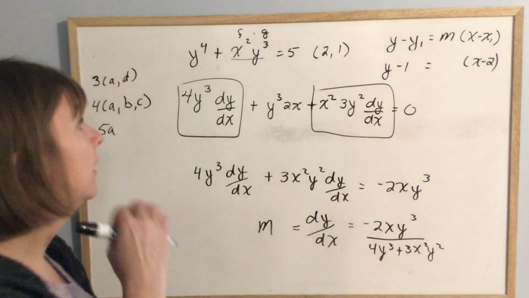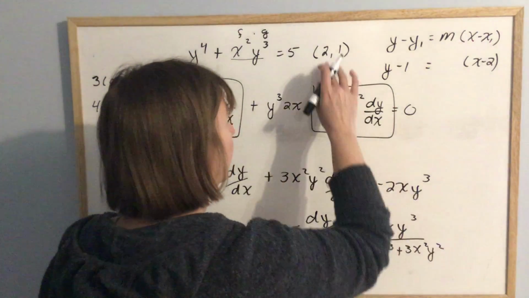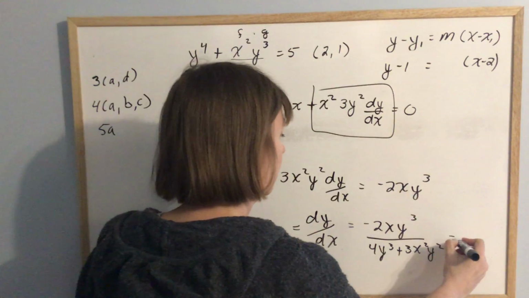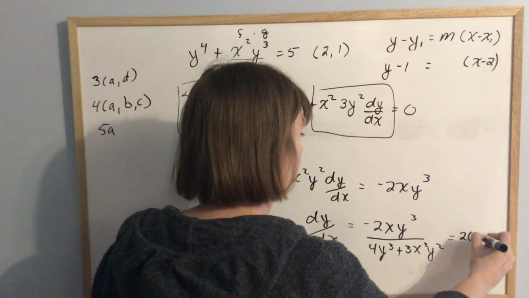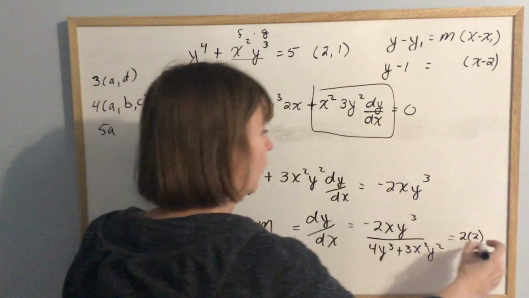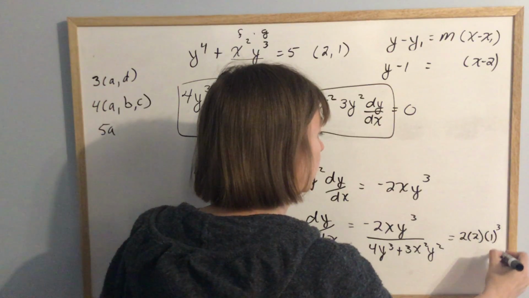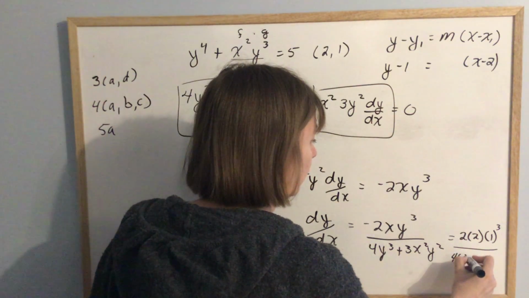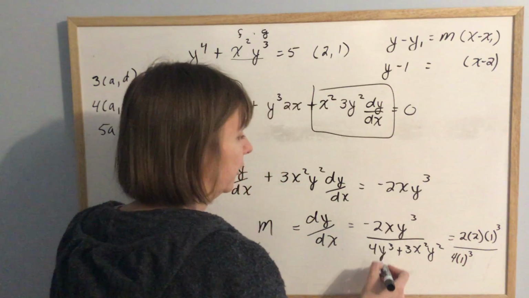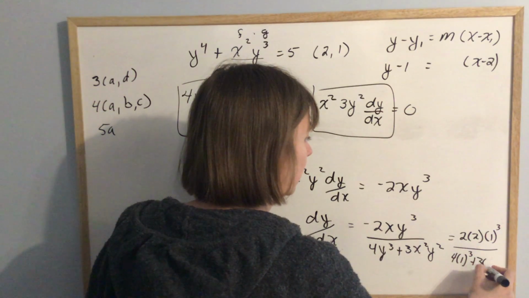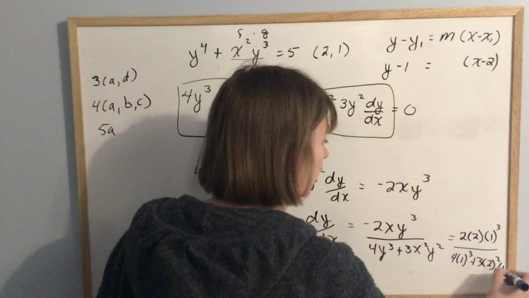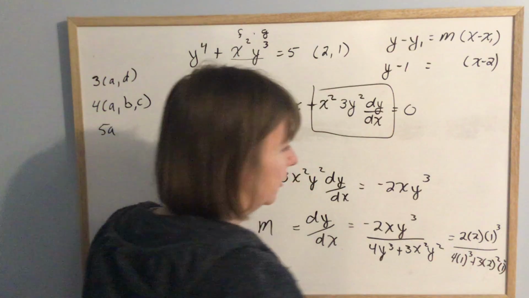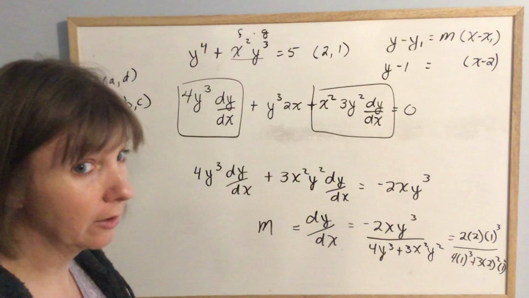So now I can do that my x is 2. So this is 2 times 2. And my y is 1, so times 1 cubed over 4 times 1 cubed, because y is 1, plus 3 times 2 squared times 1 squared. So that's a bunch of math that you either put in your calculator or do in your head.